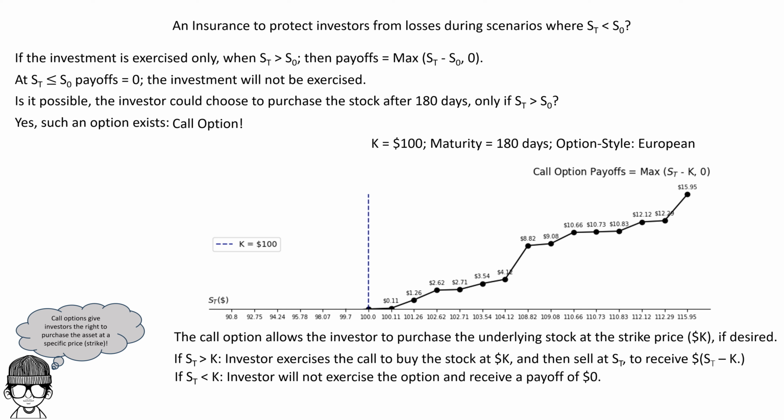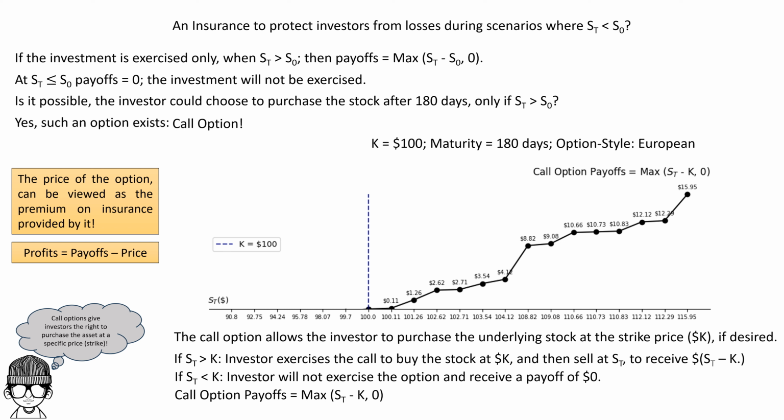So as you can see in this scenario, the investor is protected or insured by the option that if stock prices fall below S0 after 180 days, they do not need to purchase the stock by exercising the option, and they receive a payoff of 0. So therefore, the payoffs of a call option equal the max of ST minus K, or 0.